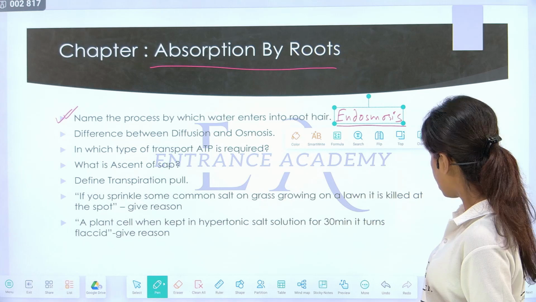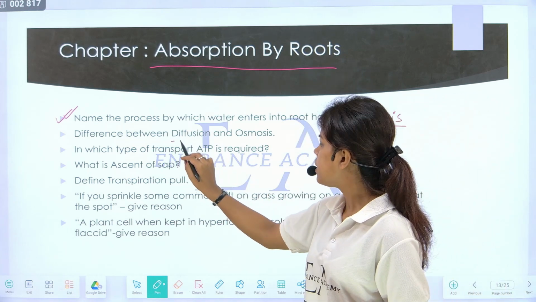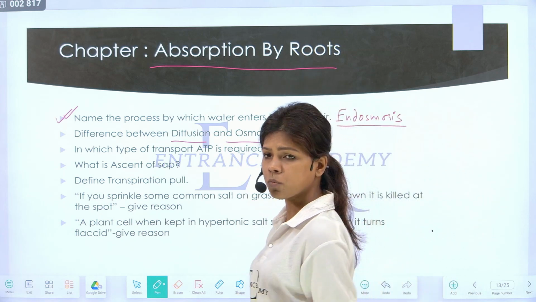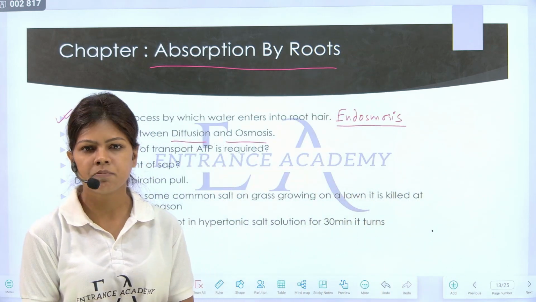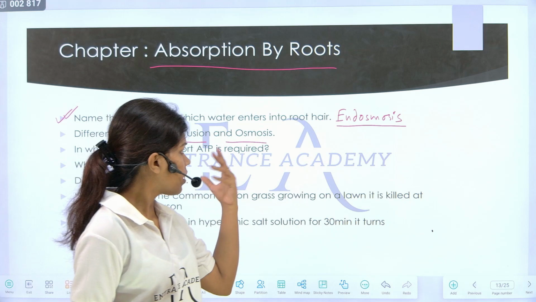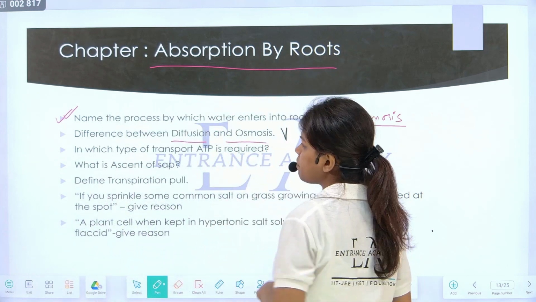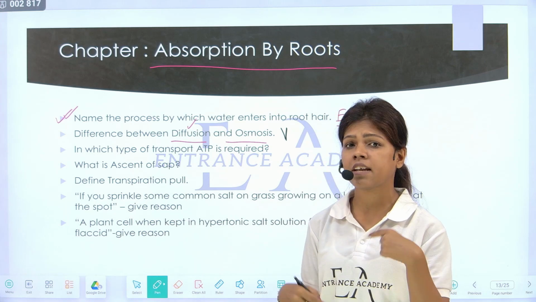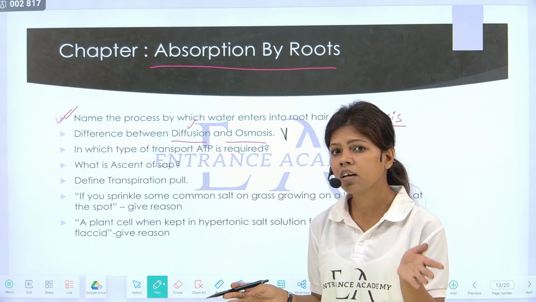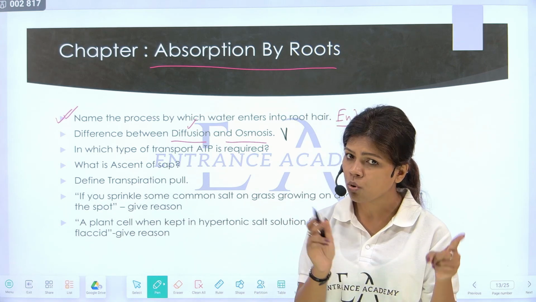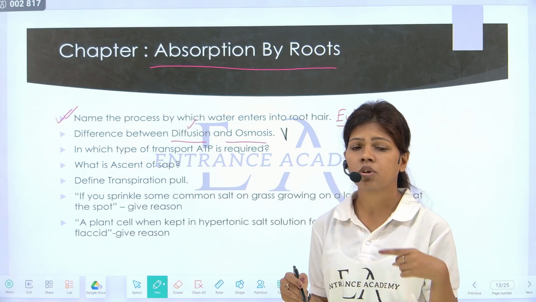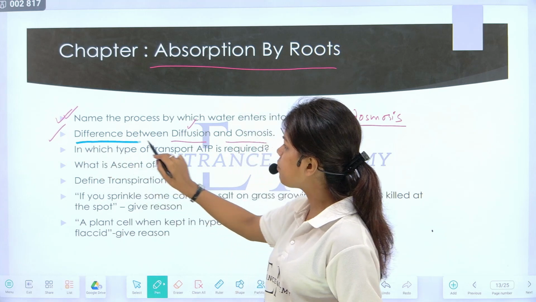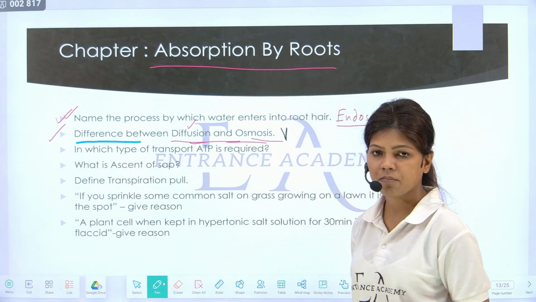Next, the difference between diffusion and osmosis.